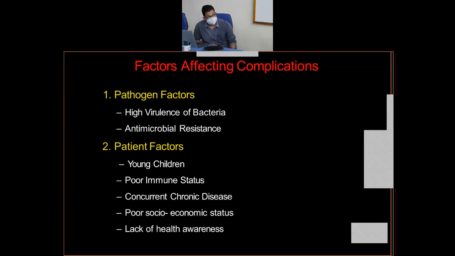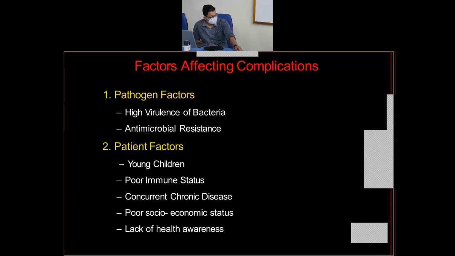So what are the factors affecting the complication? Pathogen factors are high virulence of bacteria and antimicrobial resistance. Whenever there is any infection in the middle ear cavity, as you already know, in acute ASOM cases, there will be infection with Haemophilus influenzae, Streptococcus pneumoniae, and Klebsiella and all.